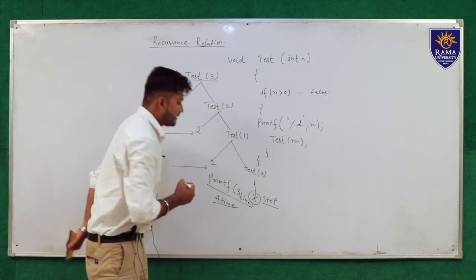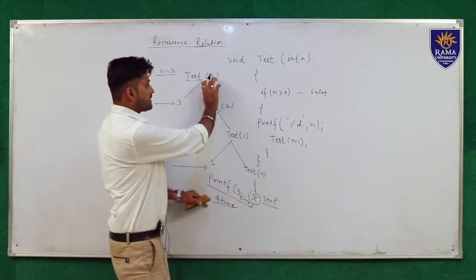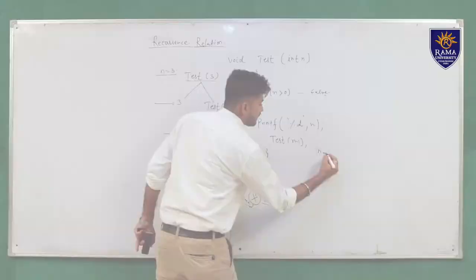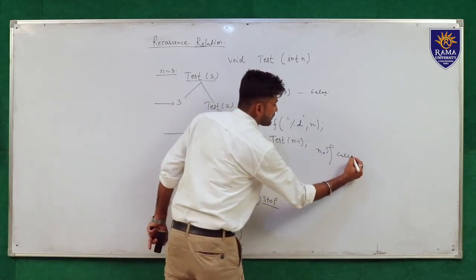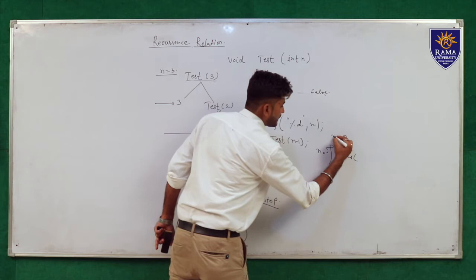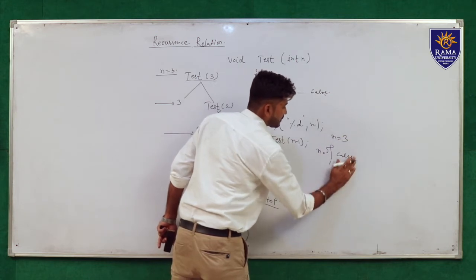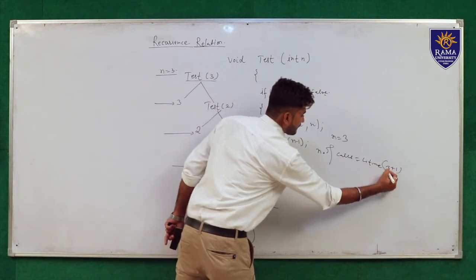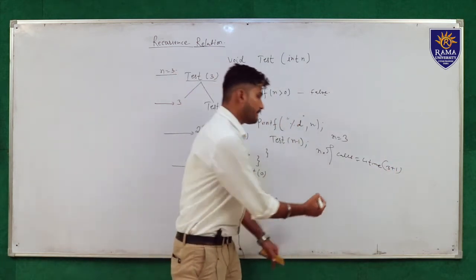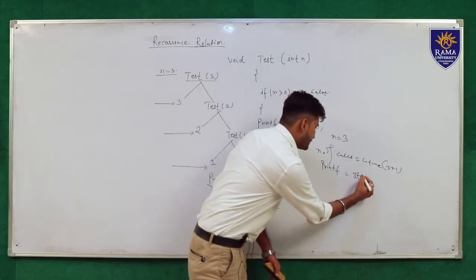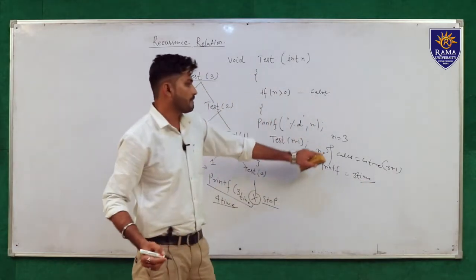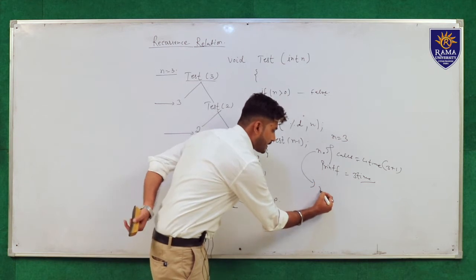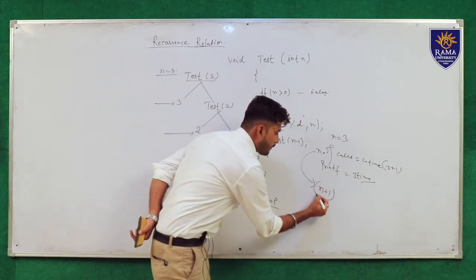So if we pass 3 as the number, the number of calls is equal to 4 times, that means 3 plus 1. And the print value is 3 times. In the generalized case, when n equal to n, the number of calls becomes n plus 1.